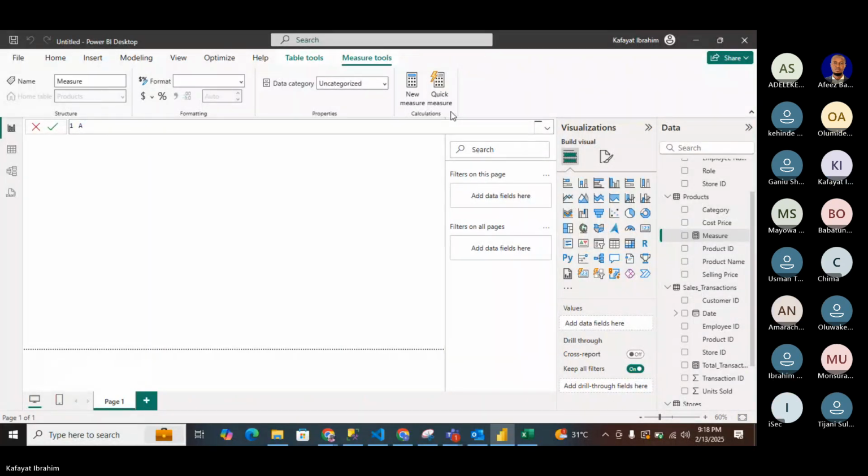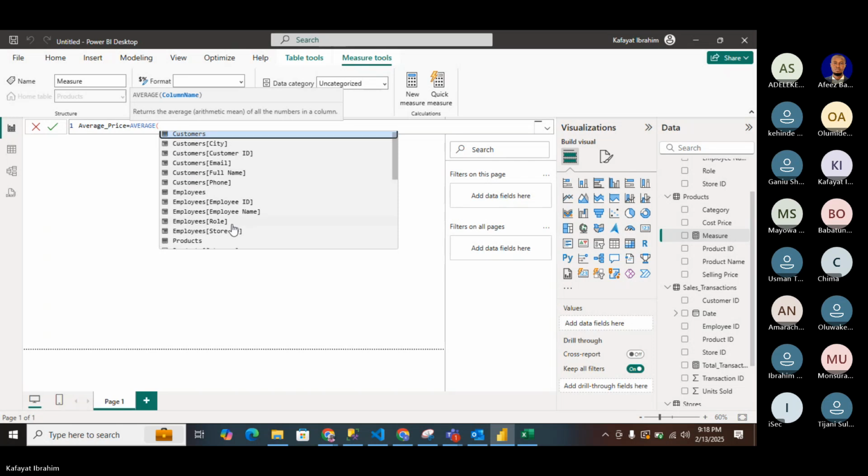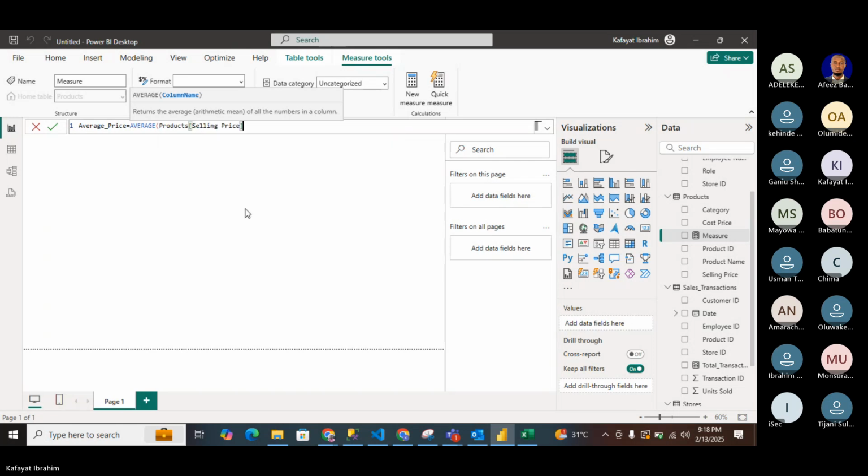Average transaction. Average what? Average price per transaction should be what? Are we using average X? Average of what? Selling price.